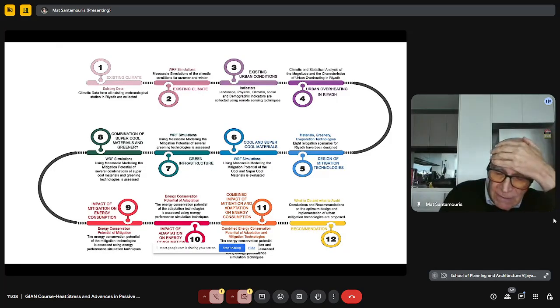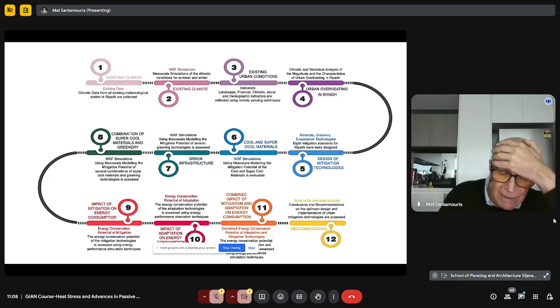And once the characteristics of the materials were selected, we performed mesoscale simulations, and we have calculated the mitigation potential of these materials, the spatial distribution of the cooling potential, and the temporal distribution of the mitigation potential for the whole year.